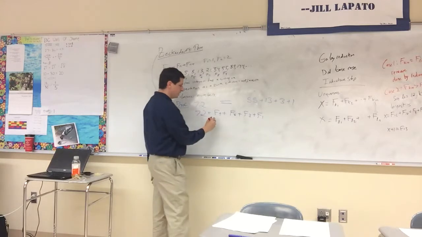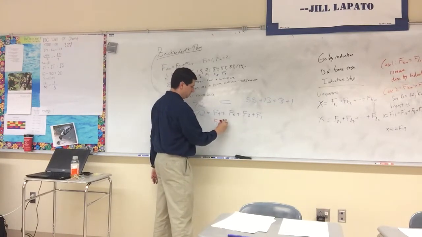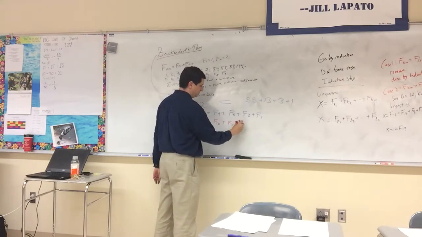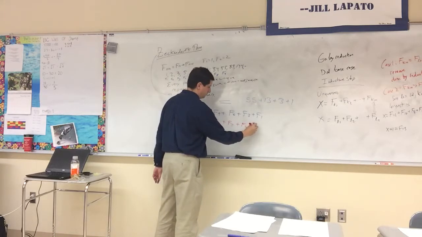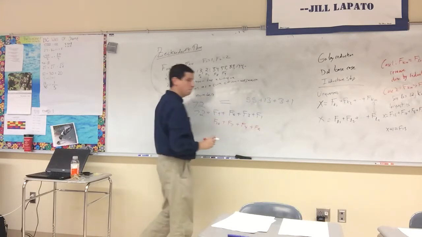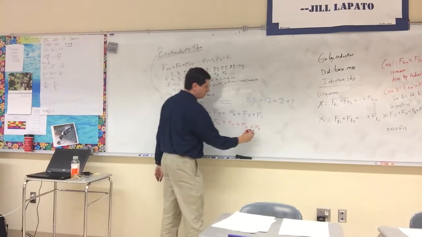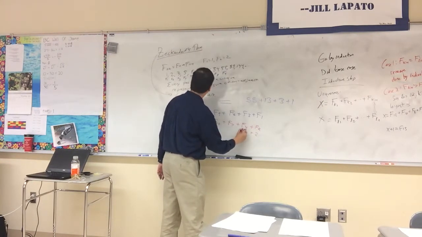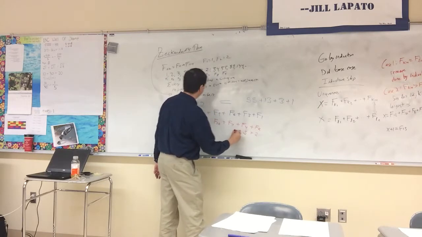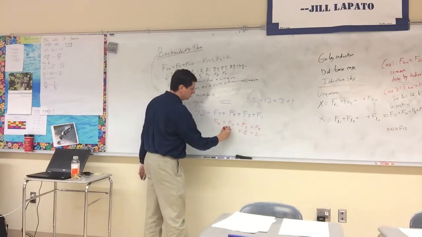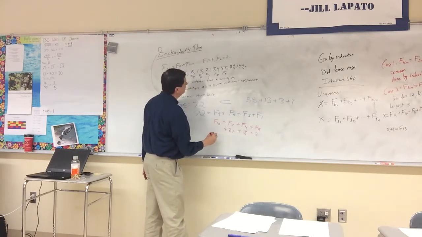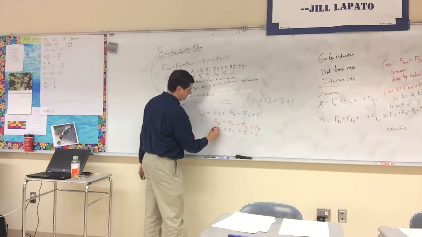I'm going to shift all the indices up by 1. So this is going to be 2. F4 is 5, I think. F7 is 21.